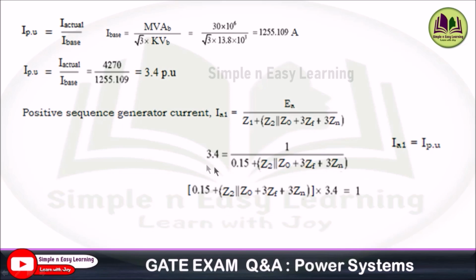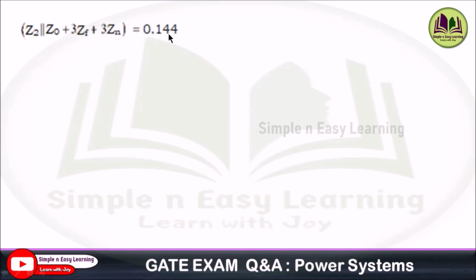Now taking this whole term to this side, multiplying it with 3.4 into 0.15, it becomes 0.51, and this term stays the same. Multiplying it with 3.4, this side equals 1. Taking this term alone, 1 minus 0.51 goes to that side, so it becomes 1 minus 0.51 whole divided by 3.4. That gives you 0.144. So Z2 in parallel with this 3 term equals 0.144.